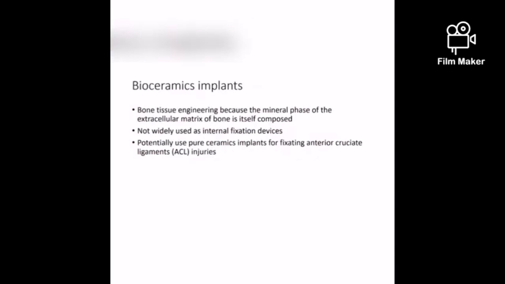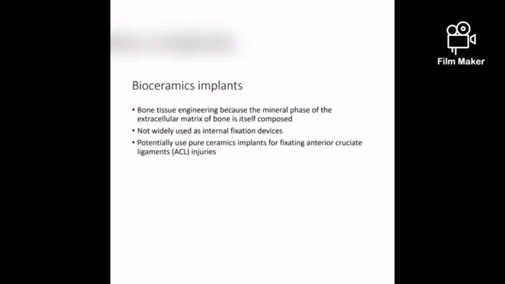Also, bioceramic implants are a huge step in engineering, as bone tissues are taken from the patients and implants are engineered specifically for those patients. However, this option is not widely used.